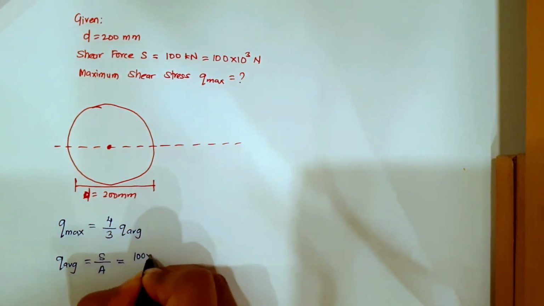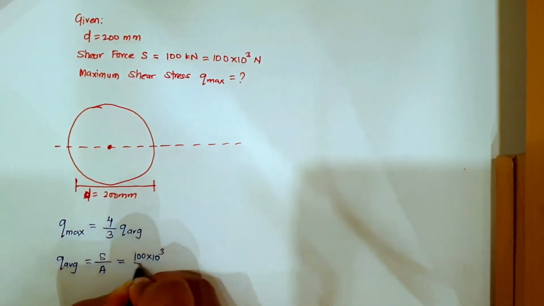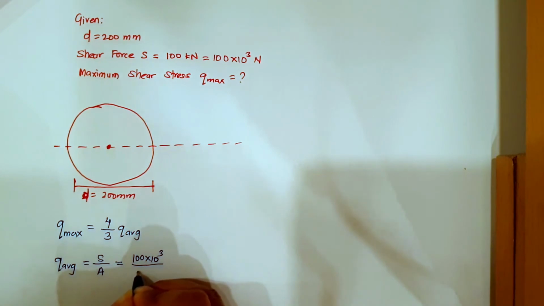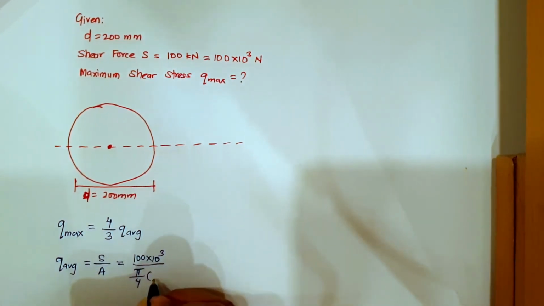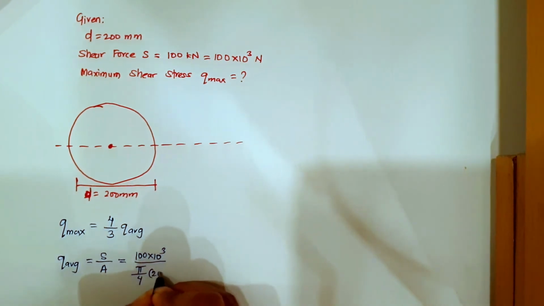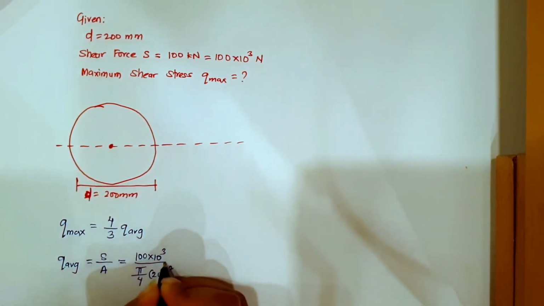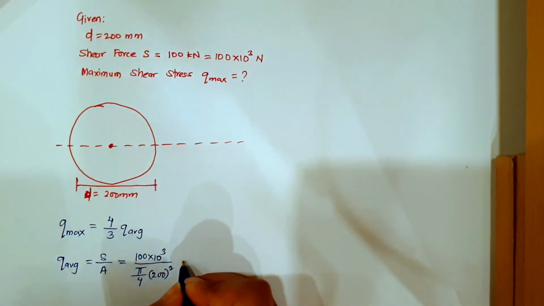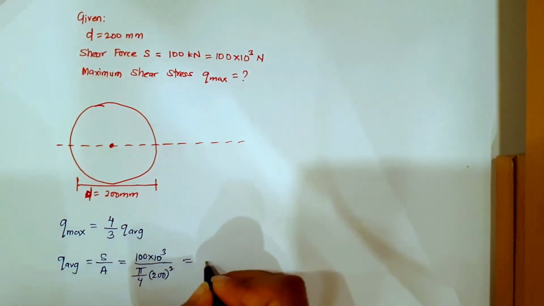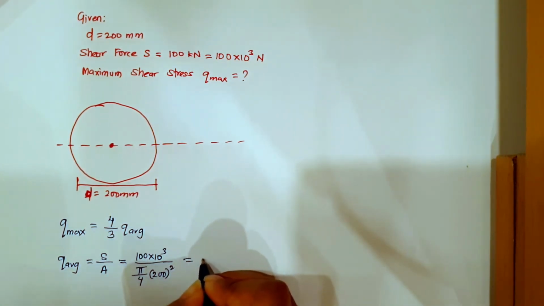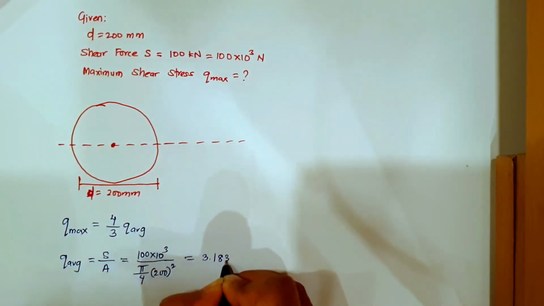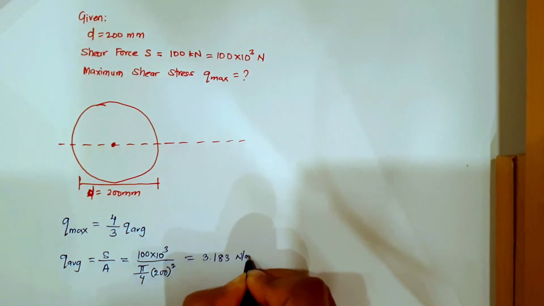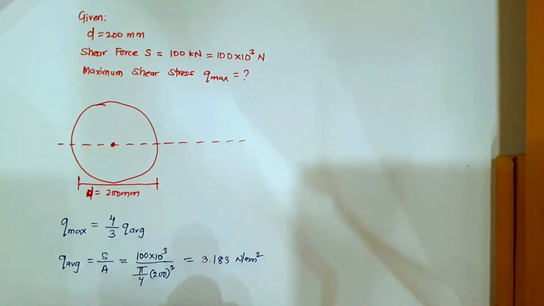Shear force is 100 into 10 raised to power 3 divided by area, which is pi by 4 into diameter of this circle, 200 square. Now from here you get average shear stress equals to 3.183 Newton per mm square.